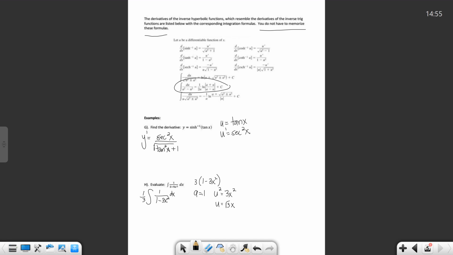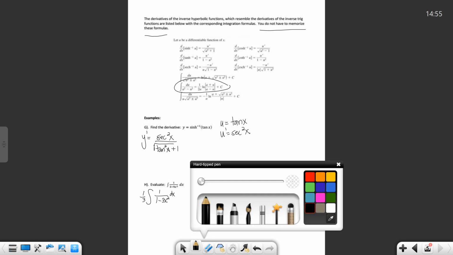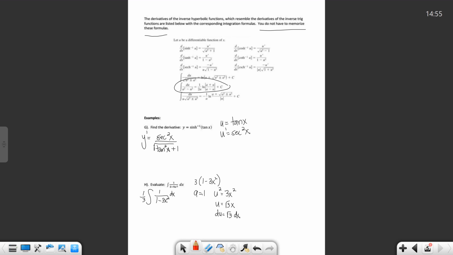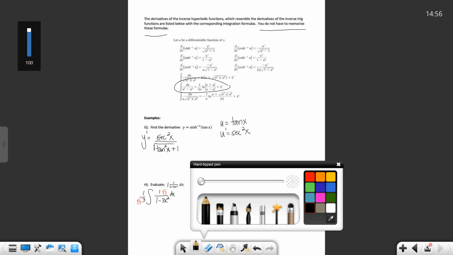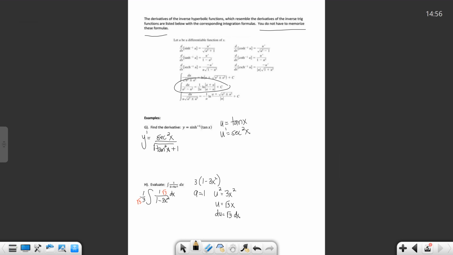So there's that, which would make du be square root of 3. So I definitely don't have that, so I'm going to need to multiply that in. So I know I'm going to need a square root of 3, so I cancel it out here with square root of 3. But then everything else is good. I've got everything I need, so I'm ready to plug in to my formula.